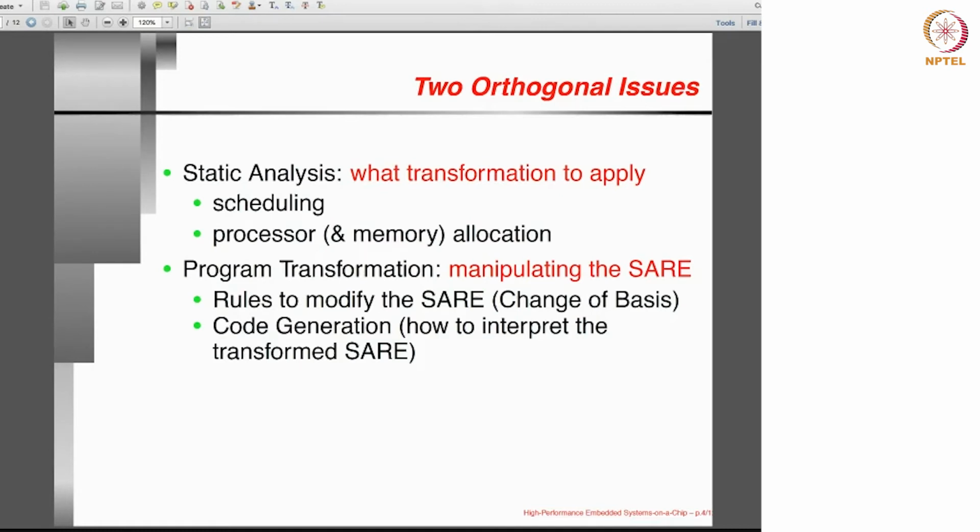Yes? 0 1 1 and 1 0 1. Okay, this 3 by 3 matrix is specifying this transformation. Let's say I had done some analysis and I figured out that 1 1 0 is the timestamp. And the other dimensions are my processor dimensions. They are all parallel.